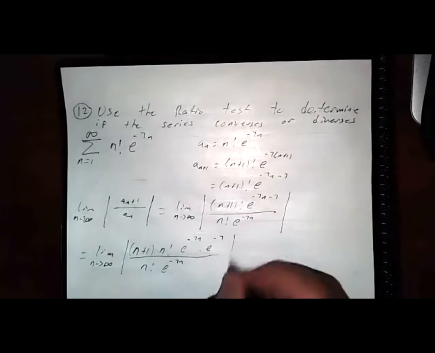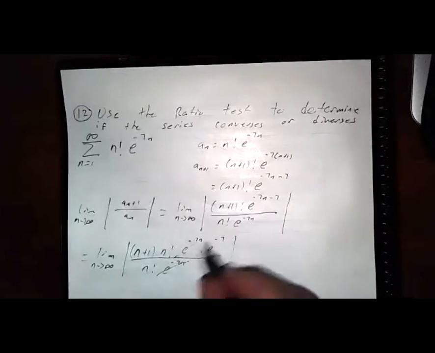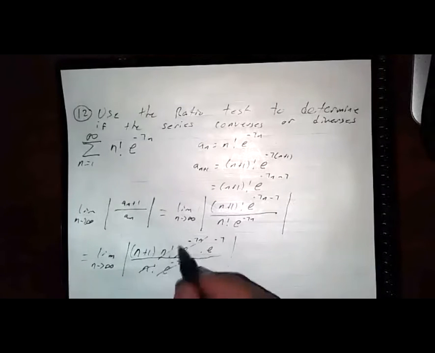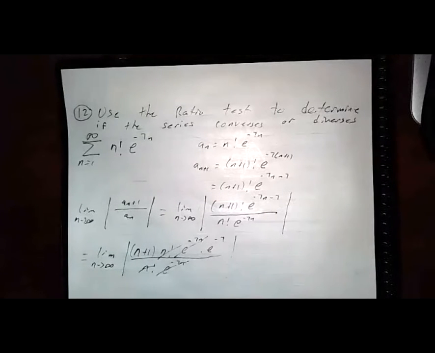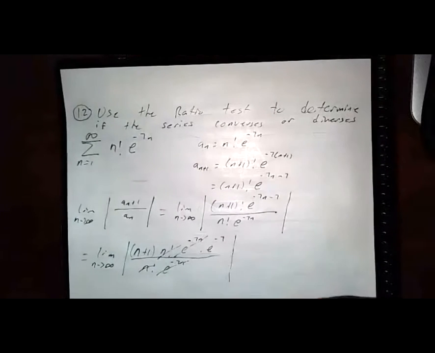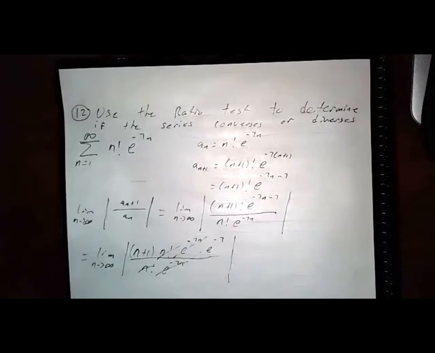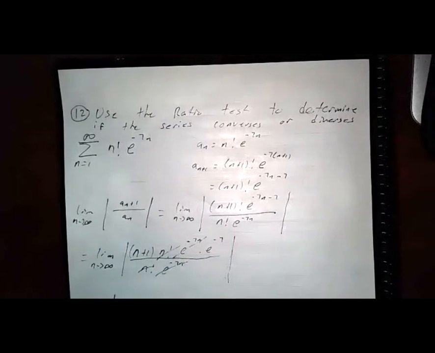So now we can cancel the e's, the factorial. So now we have the limit as n approaches infinity of n plus 1 times e to the negative 7 over 1, I guess.